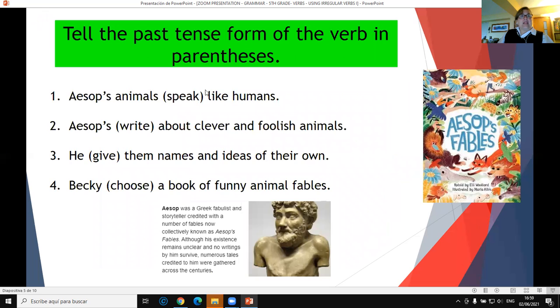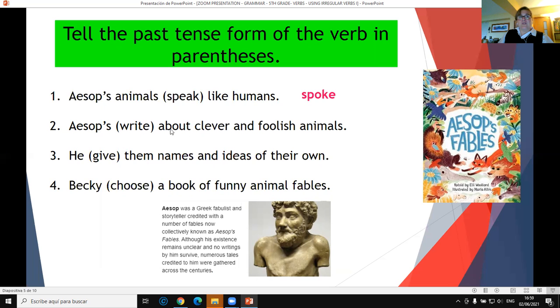For example, tell the past tense form of the verb in parentheses. So in the first sentence we have: Aesop's animals (speak) like humans. If we're going to say this in the past, we will say Aesop's animals spoke like humans. Number two, Aesop (write) about clever and foolish animals.